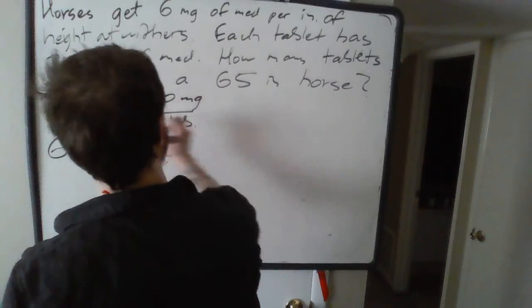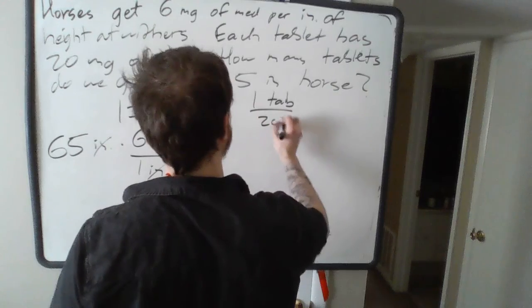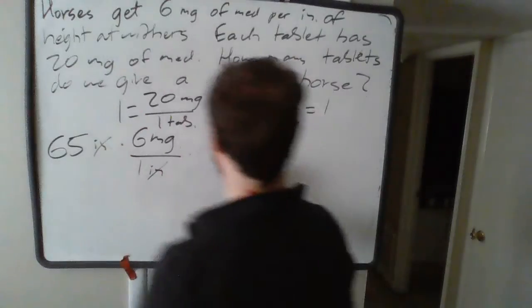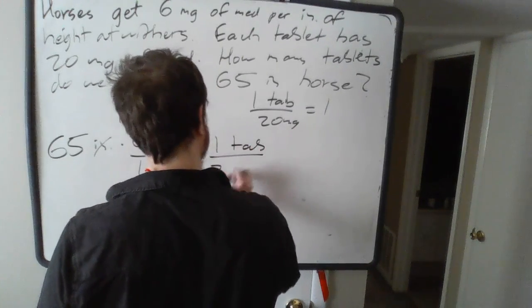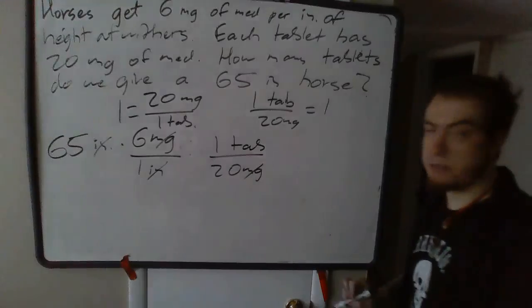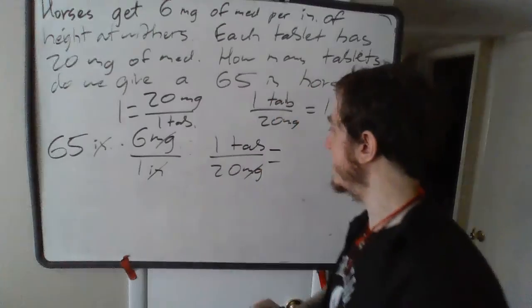So this acts like a conversion ratio. That means there is 1 tablet per 20 milligrams of the medicine. So I can multiply this by 1 tablet divided by 20 milligrams of medicine. The milligrams of medicine cancel out, and I'm going to be left with something that is in tablets.